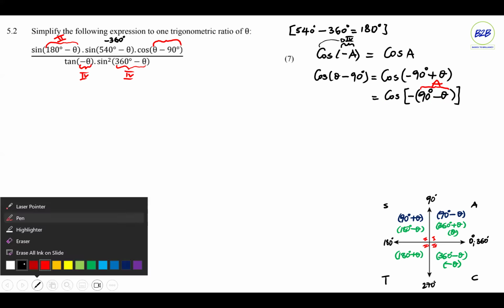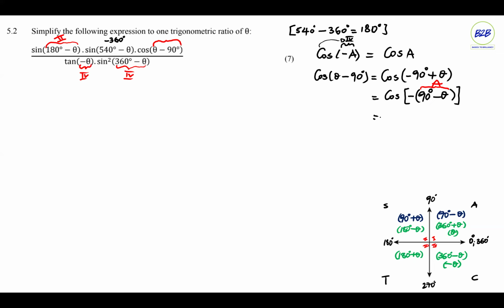It means here we therefore now have cos of negative A. How would you deal with cos of negative A? You remember that first question. It was equal to positive cos A. So similarly, even here, we are going to say cos of A.